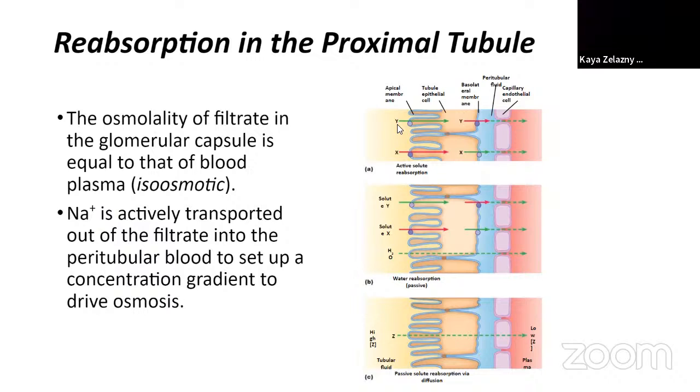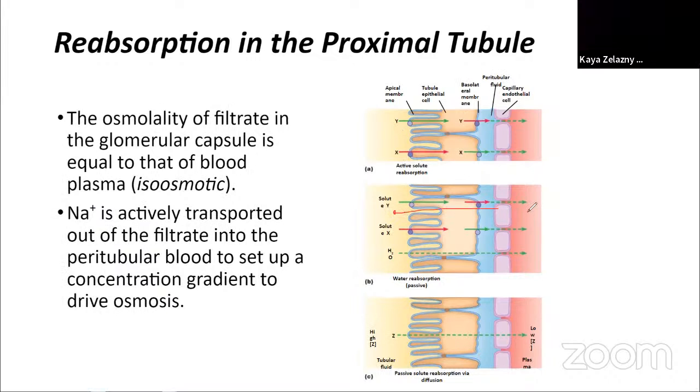Right, so we said that we're moving sodium across. Right, we move sodium into our bloodstream so that water then follows along with it because it's drawn to this higher sodium concentration that we're setting up. So that's one of the reasons we are actively going to transport sodium.